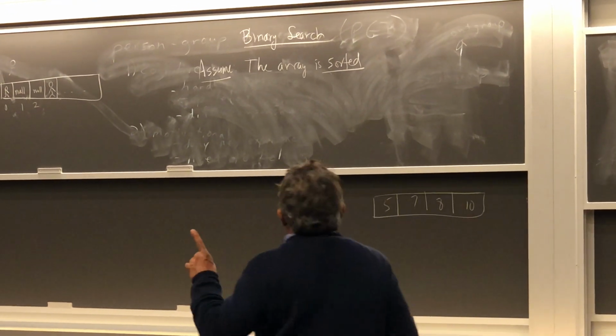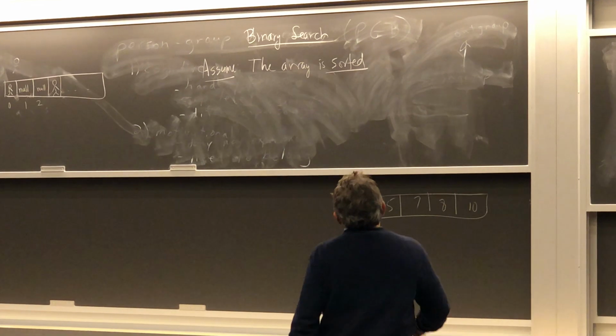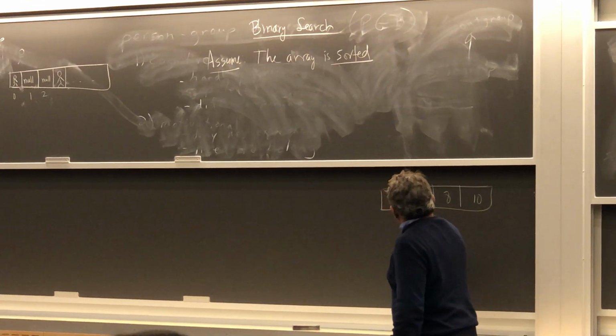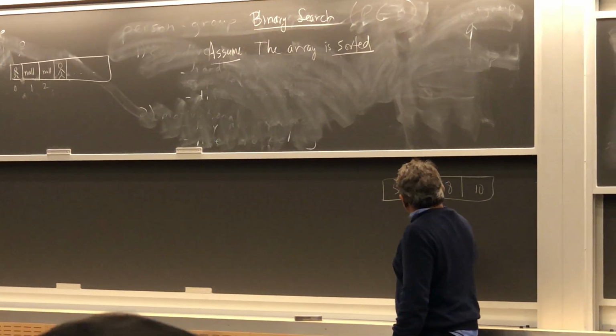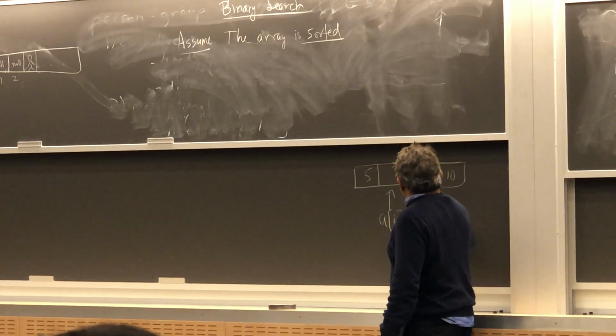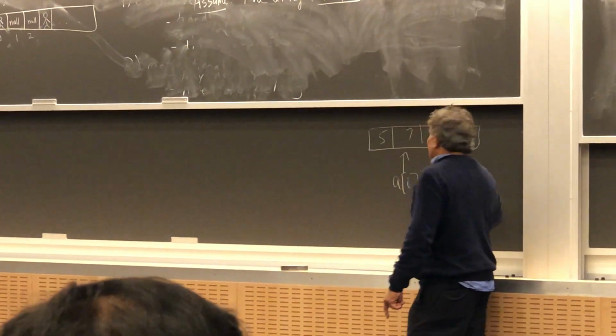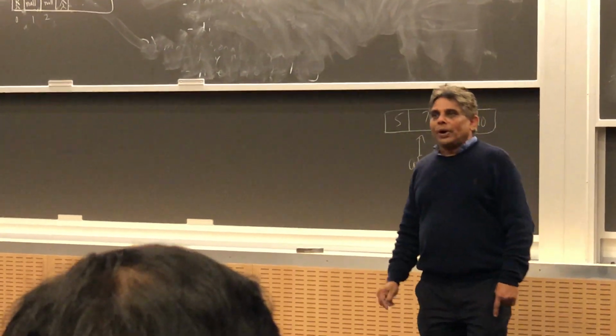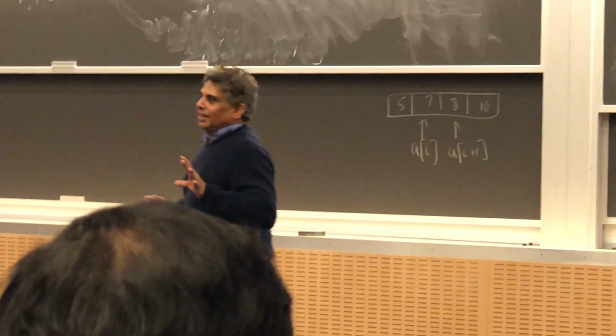So what we can do is something like this. We can say, let's look at two elements that are adjacent. Let's look at a's of i, and let's look at a's of i plus 1. Let's look at two elements that are next to each other.